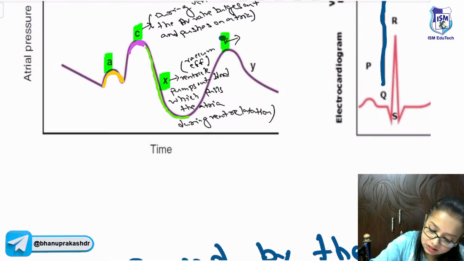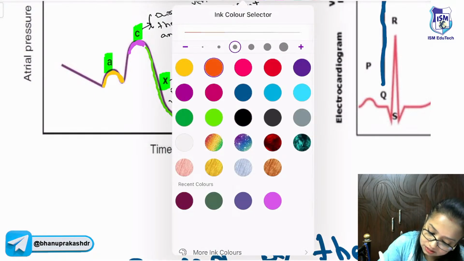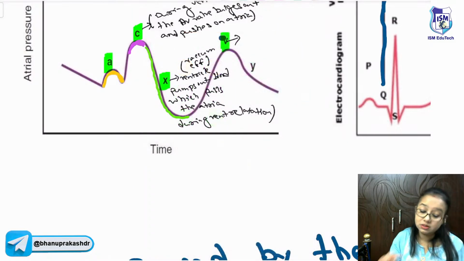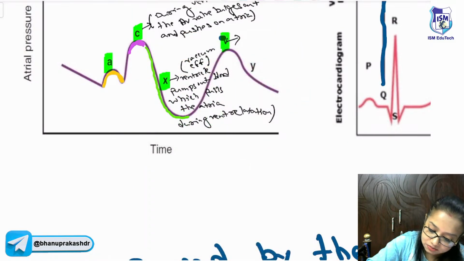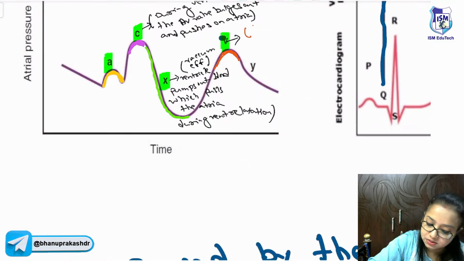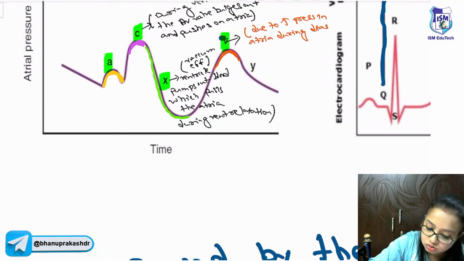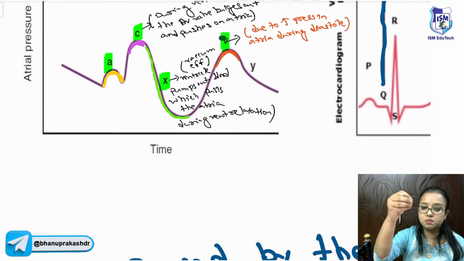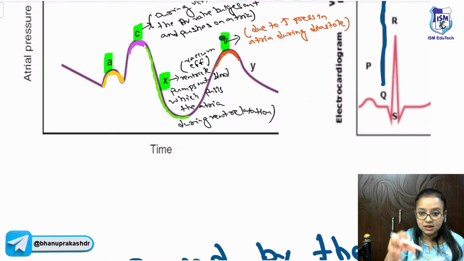Now here comes the V wave. Now you see the V wave is again a hump, meaning there is an increase in the pressure. Why does this happen? This happens due to increased pressure in atria during diastole, just before passing the blood from the atria passively to the ventricles.